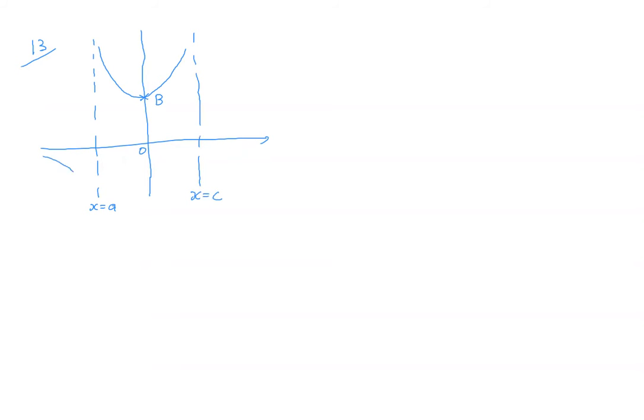Then after that, you draw the sign diagram, you jot down the important features. And B is the stationary point. Okay.